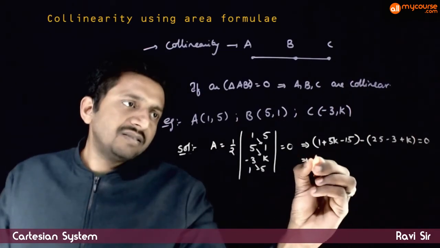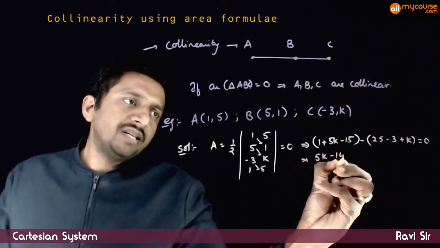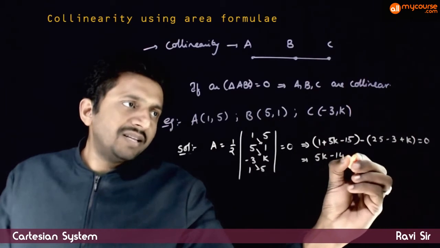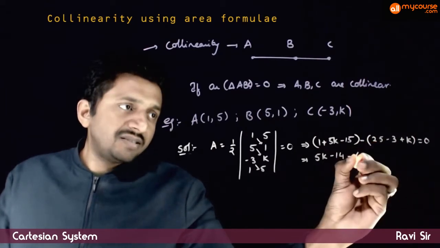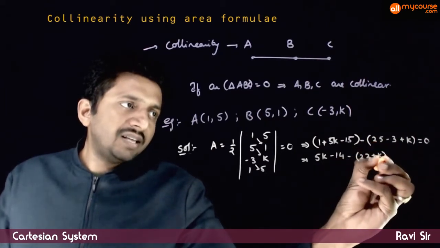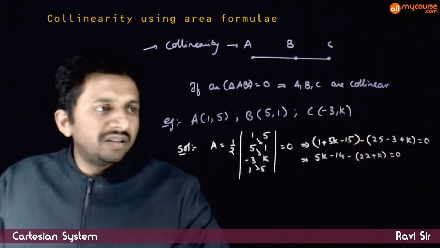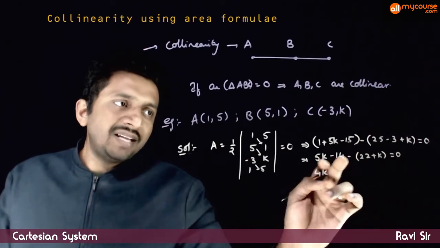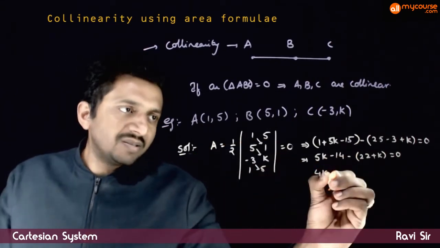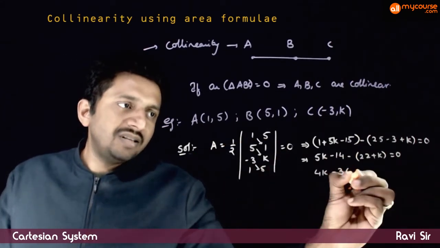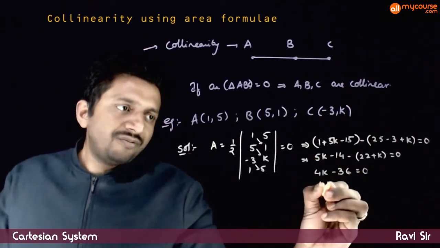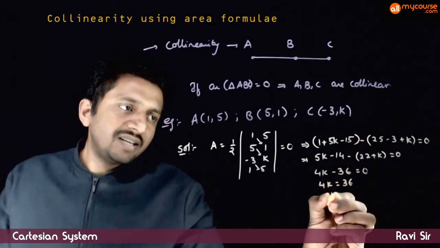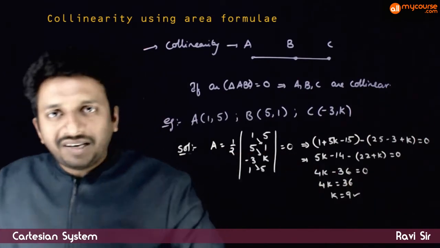So this implies 5K minus 14 minus of 25 minus 3, which is 22 plus K, is equal to 0. So 5K minus K is 4K, minus 14 minus 22 is minus 36, equal to 0. 4K is equal to 36, hence K is equal to 9.